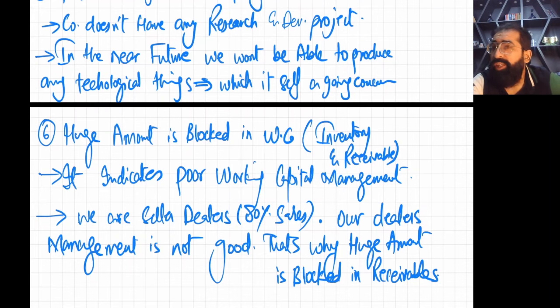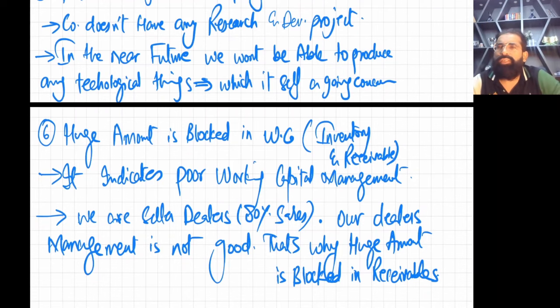See, we don't have cash. Why don't we have cash? One reason is our money is blocked in inventory and receivable. And what is the evidence? The evidence is your high inventory days and high receivable days. And why is your receivable days high? Because the other industry players are doing the majority of sales directly through retail, and we are doing it through dealers. Normally this is the market norm, that when you sell through dealers, you have to give them credit. So our money is blocked in receivables, and we cannot get it on time because our dealer management is not good.